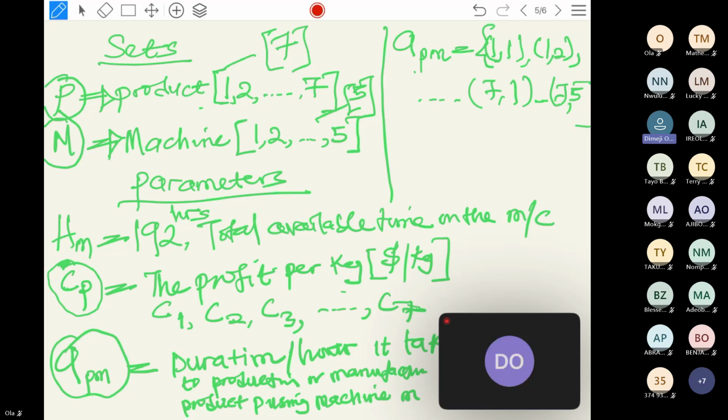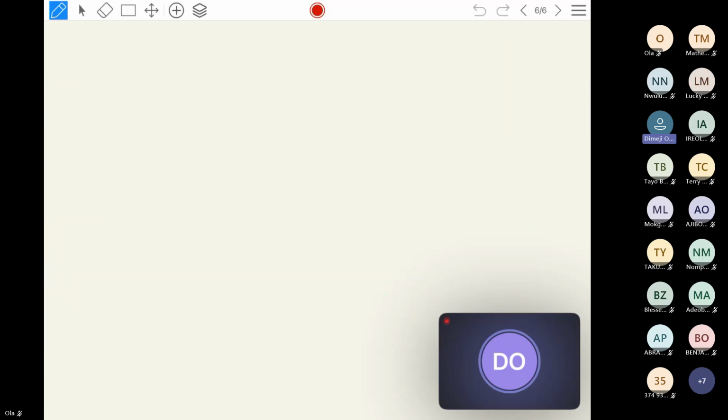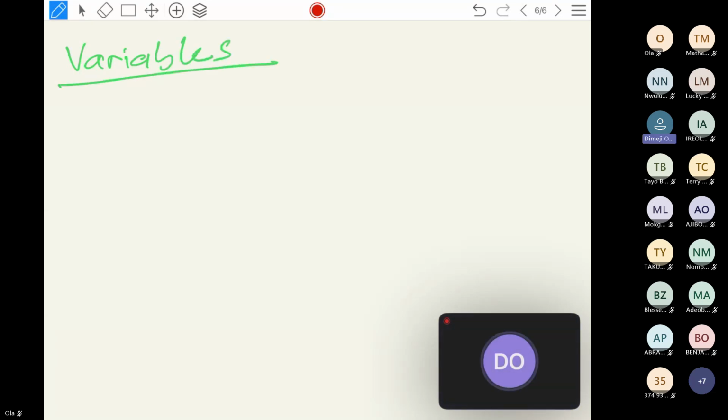So here are the three parameters. It's very important that you set out all of these components, set the parameters, set everything out before you start. It will help you when you are modeling, when you are writing out the mathematical stuff. Then the next thing we look at is the variables. The variables are the unknowns. And what are the variables here?